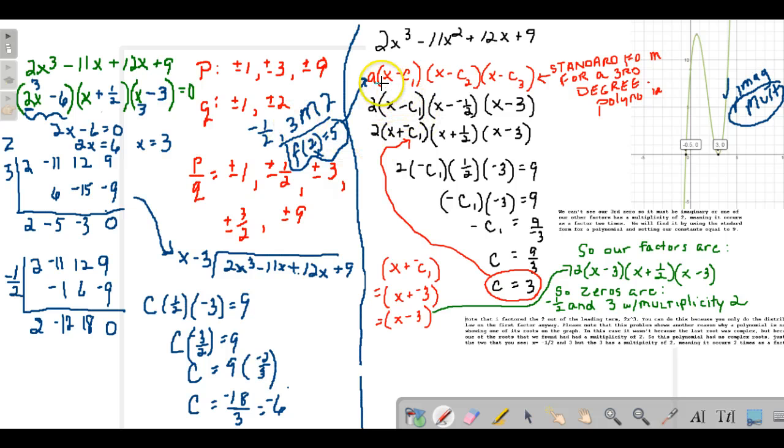You just use this standard form with x minus your zero. So if -1/2 is a zero, we just put it in and use the formula. Of course it turns out to be x plus 1/2, which is what it's supposed to be when we distribute the negative.